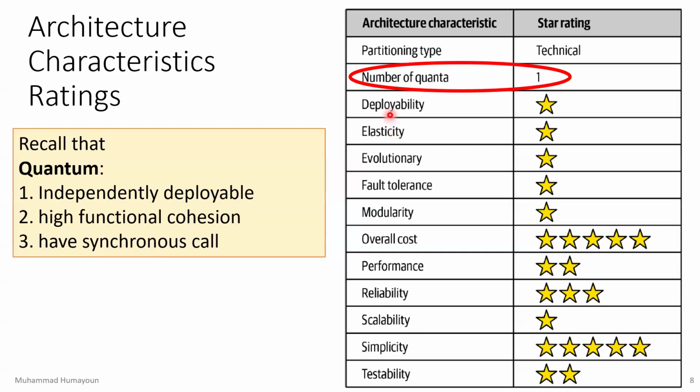So that is quantum. Quanta is the plural form of quantum. How many quanta do we have in a layered architecture? Only one. It is always one quantum. It is independently deployable altogether. It has high functional cohesion, and all the calls within them are synchronous calls.